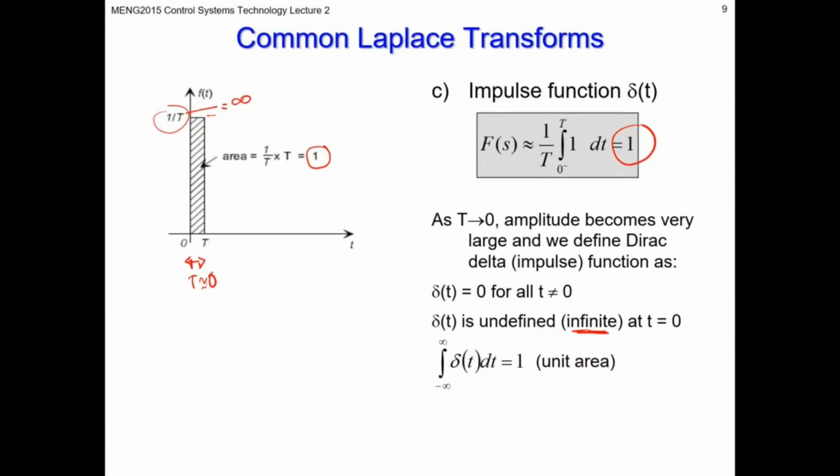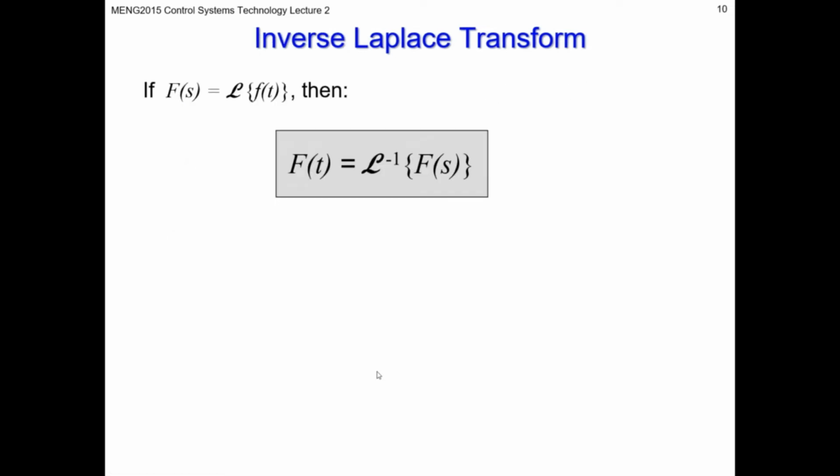And as I said, the unit area of our Dirac delta function is 1. So that's just an interesting little property of a Dirac delta, getting a little bit into the maths of it, but not too much because we're not so interested in the maths, we're interested in applying it in controls.